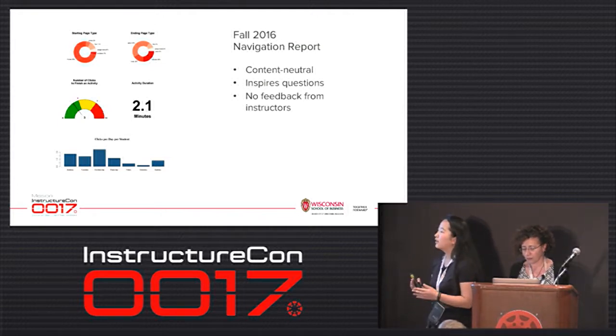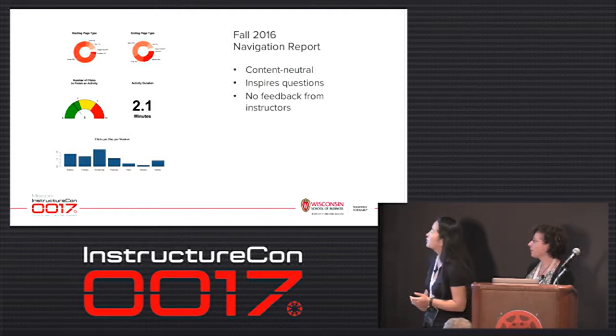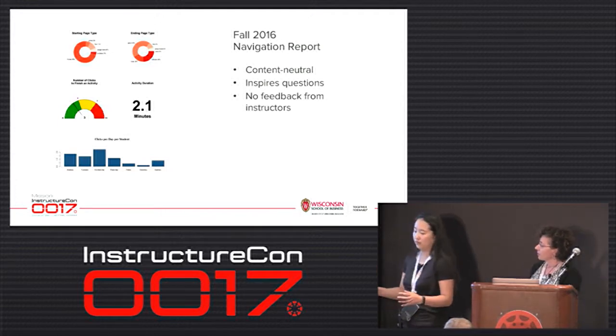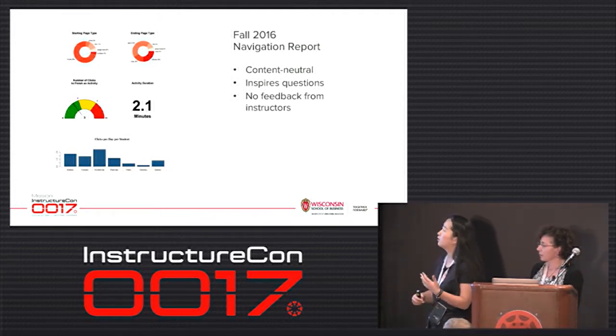It is only about how the students in the specific course navigate the course. Each instructor gets their own report of their students and how they navigate the course. We were hoping to get some feedback, but we didn't get any, but that's okay.